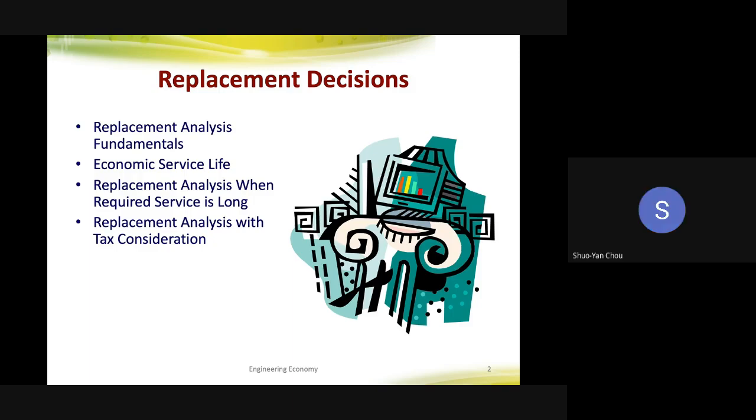Which involve replacement decisions, so-called replacement. Remember earlier when we talked about the useful life of the products, we talked about the decisions for replacing existing equipment, and we were discussing which one is more economically sensible.